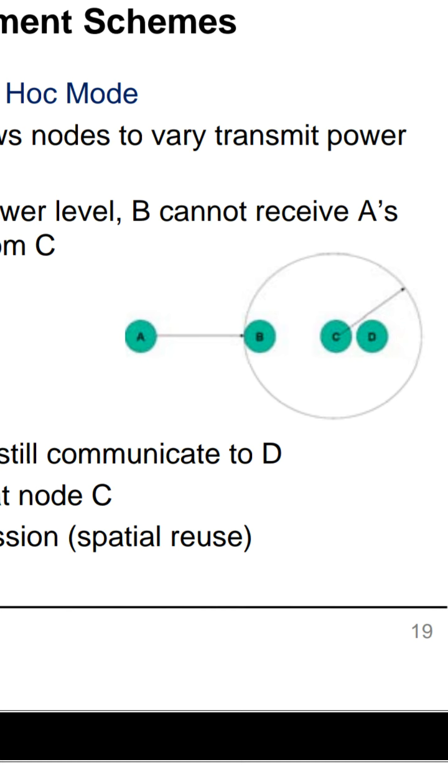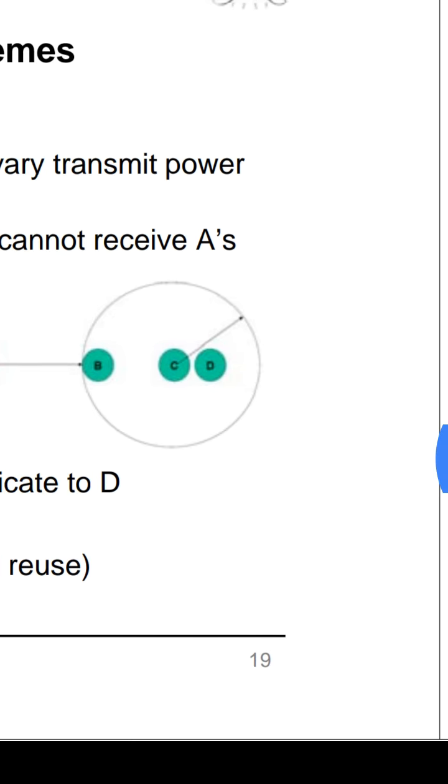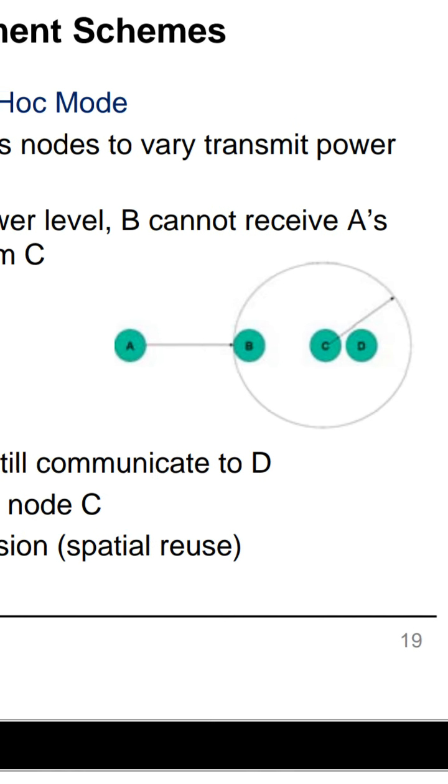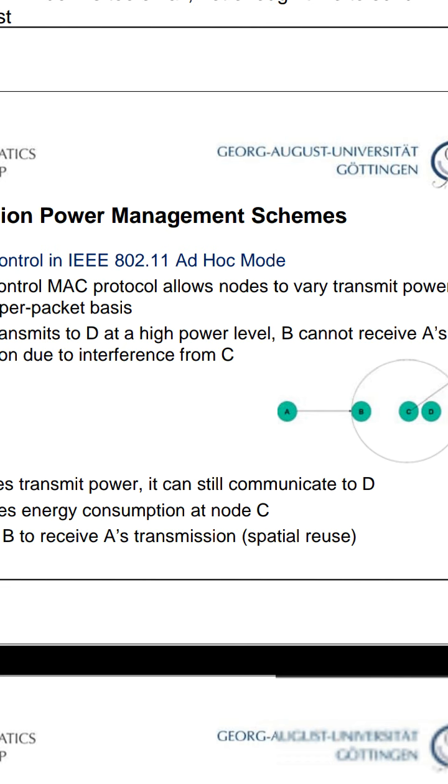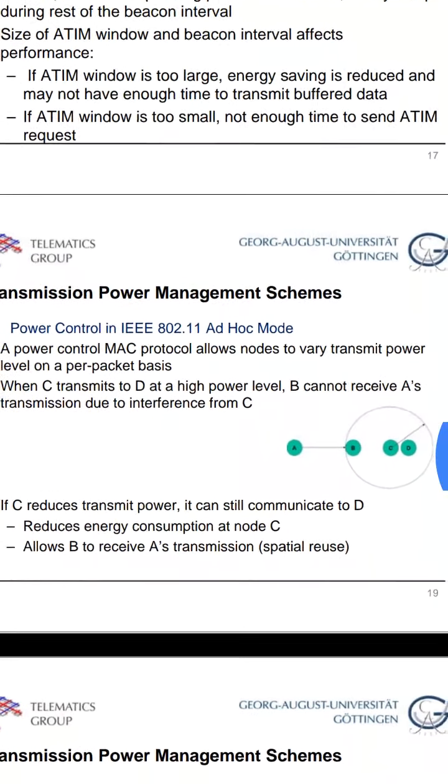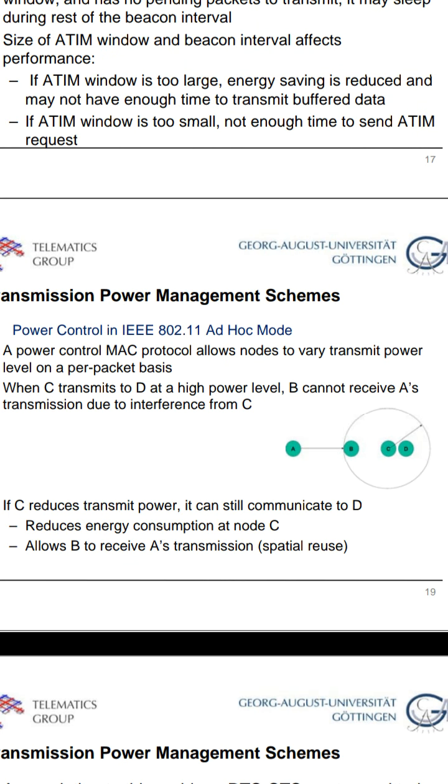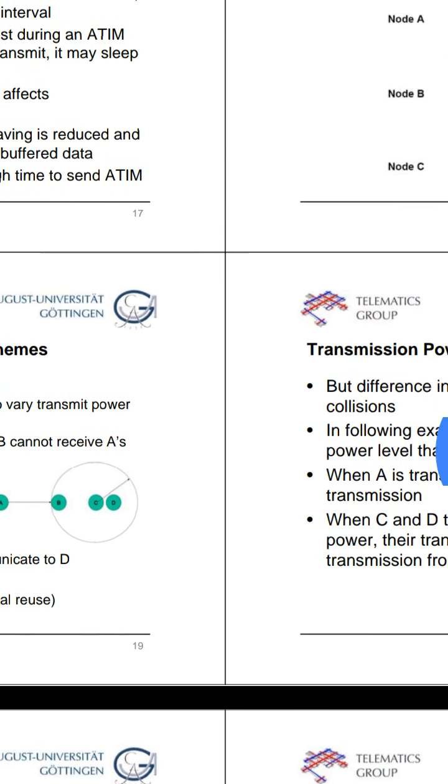If C and D communicate with only the minimum power they need, then the remaining power can be utilized by B to communicate with A. Like this, only the required power is taken by the nodes, so that we can communicate with the other nodes within the network.